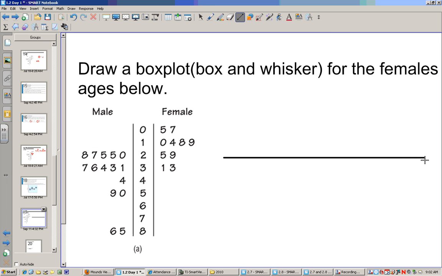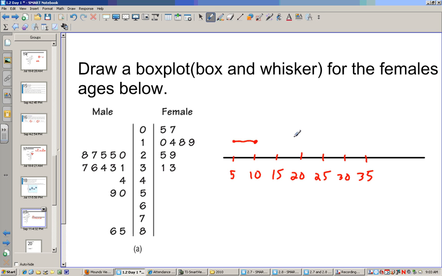The smallest observation is 5, so we can start down here at 5, and the largest is 33. So I'm going to go up by 5 each time. And then we'll put 5 on the graph. 10 was the Q1.